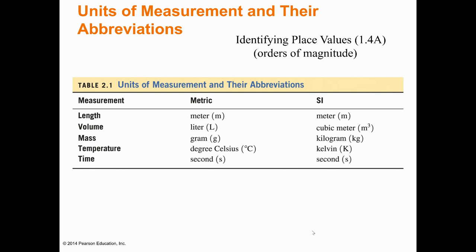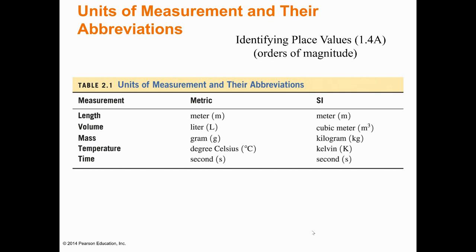And next week, we're going to be looking a lot at how to interconvert between different kinds of units. In mass, the SI unit is the kilogram. The metric system is the gram. And just to make sure you realize, the SI system is the International System of Units that's used in science.